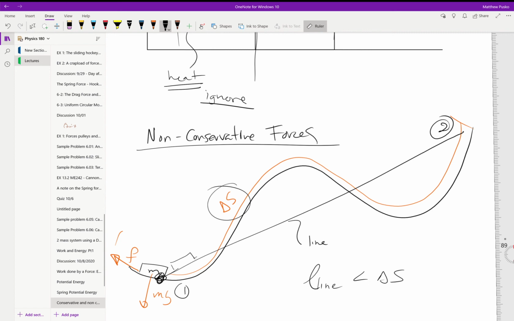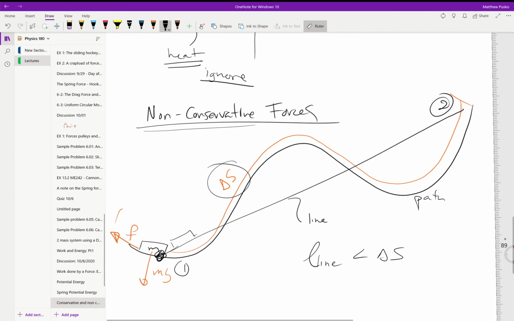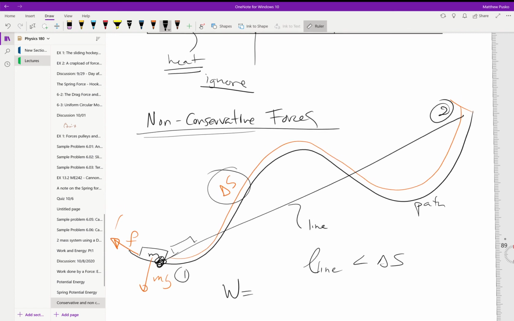We would lose less energy to friction. This shows the difference between conservative and non-conservative quite well. The path changed. One path was much longer. When we reduced the path length, the amount of work we had to do due to friction is less.